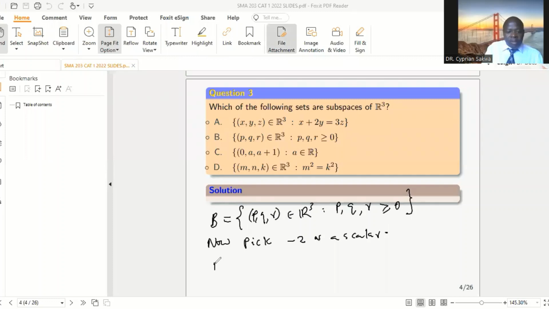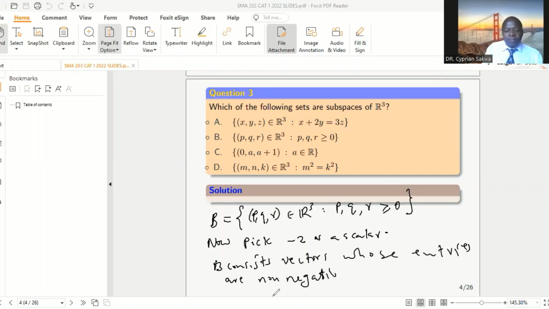We know that from this definition, B consists of vectors whose entries are non-negative.